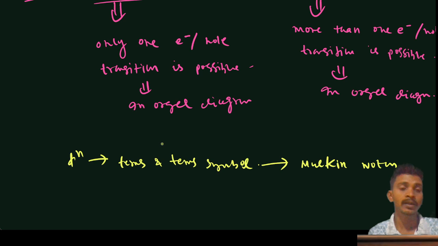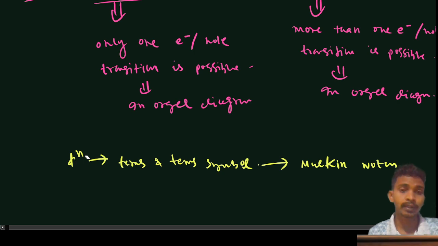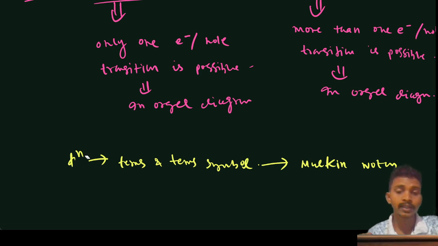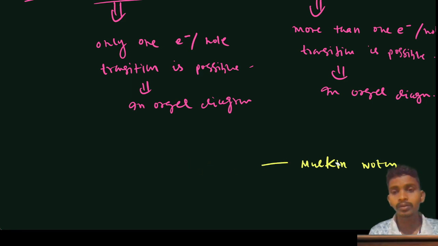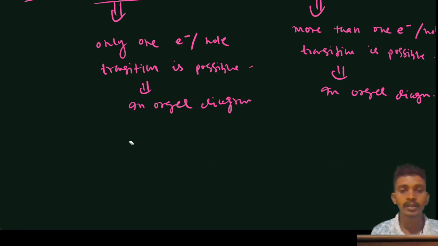So it is already discovered that for these types of d orbitals, these types of terms are there, and for these types of terms, these types of Mulliken notations are there. So no need to calculate more and more, because that is already discovered.